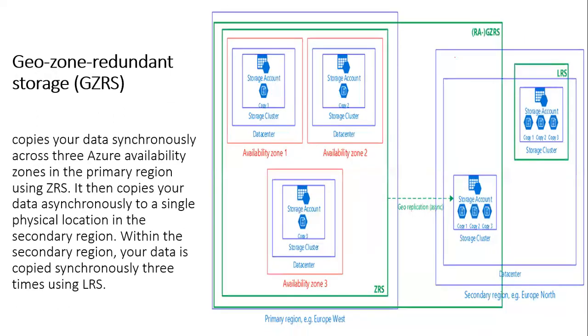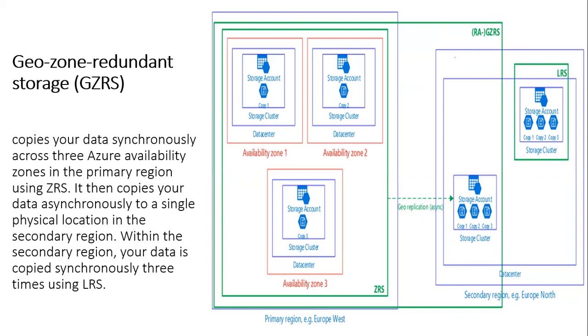Now, when I go for geo zone redundant storage, it copies the data in the primary location using the ZRS technique: this is one data center, copy one, data center two, copy two, data center three, copy three. So already your data is very safe.